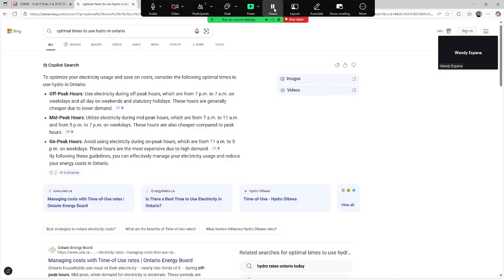Also, if you're going to run the dishwasher, wait and have it run while you're in bed. Most dishwashers nowadays come with a timer, so when you're going to bed, put your dishwasher to come on while you're sleeping and while it's on off-peak hours. All right. If you can stick to that, it's a really great way to get your hydro bills down.